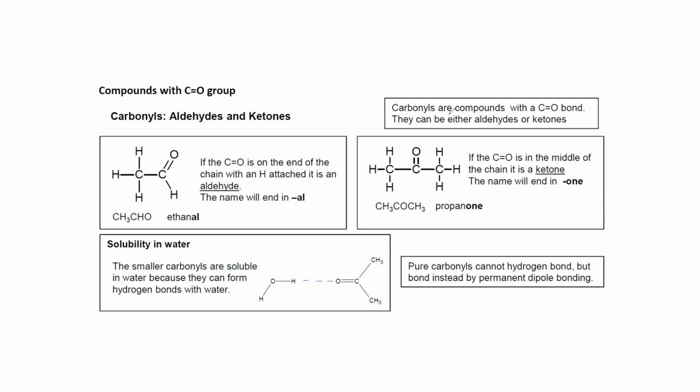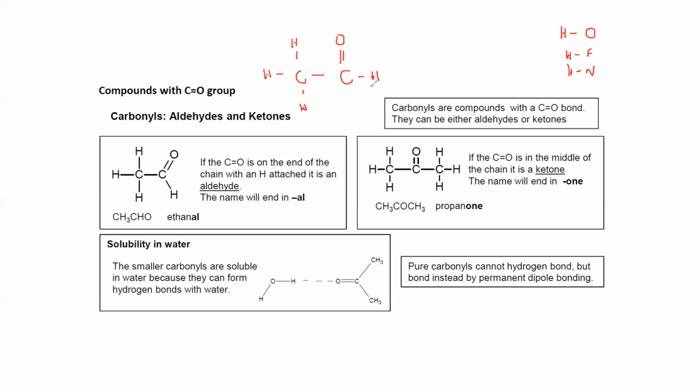But if we have pure carbonyl compounds, they don't tend to form hydrogen bonds with each other. Why? Because, for example, if you have, say, ethanal, in this case one ethanal molecule with another ethanal molecule cannot form a hydrogen bond. Why can it not form a hydrogen bond? For formation of a hydrogen bond, the hydrogen must be attached directly to oxygen, fluorine, or nitrogen.